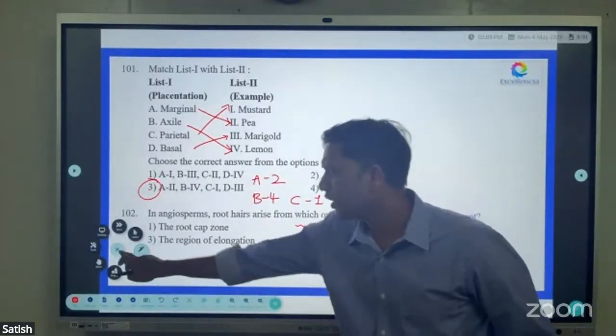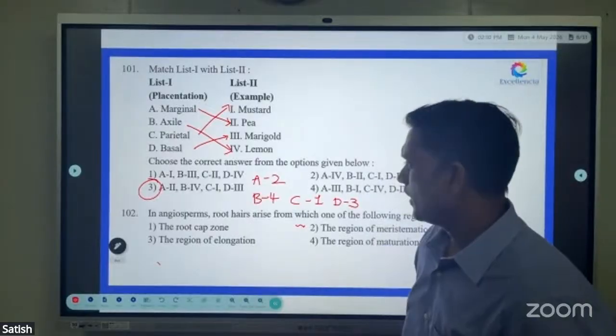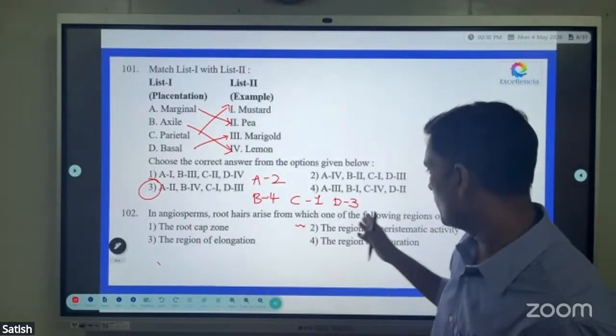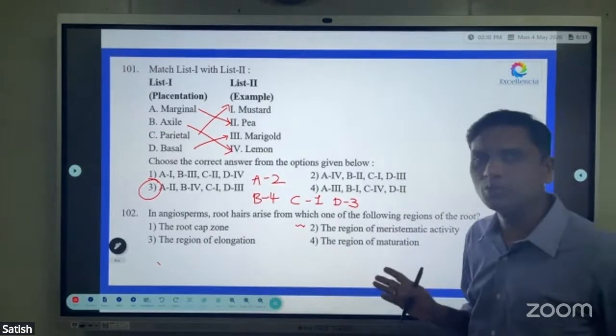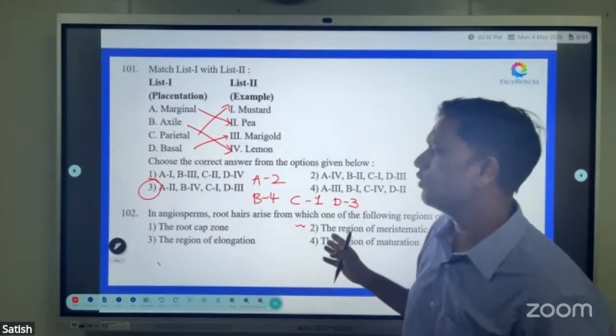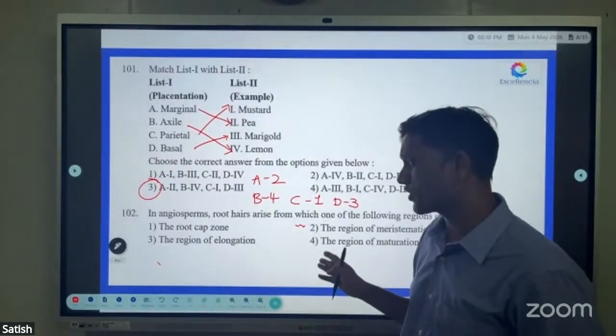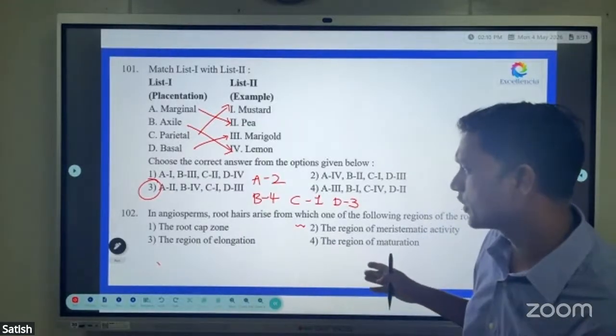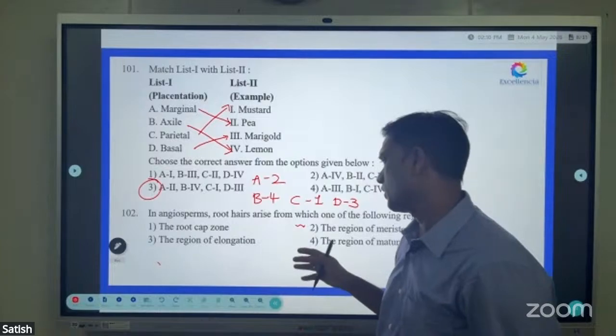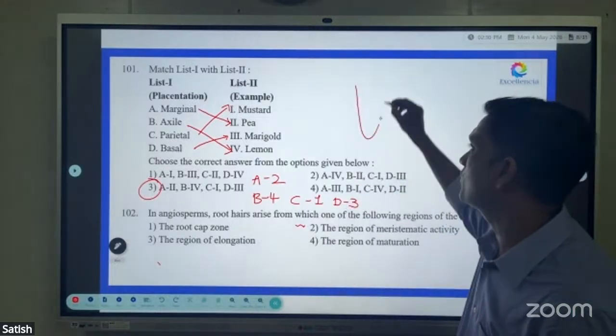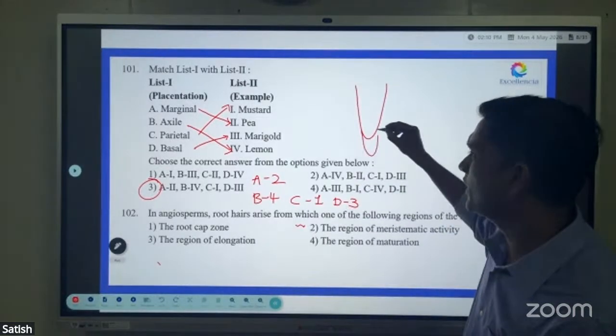Then question number 102. So in angiosperms, root hairs arise from which one of the following regions of the root? So this question also related to morphology of flowering plants. In the morphology of flowering plants, this is the question related to regions of root. So the root hairs, if you see the regions of the root. So this is a diagram of a typical root.